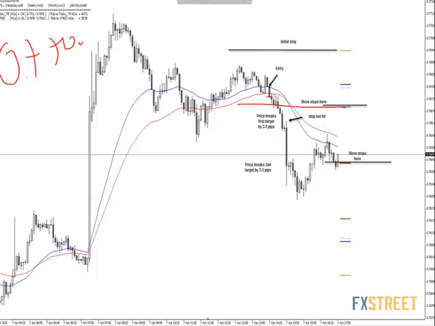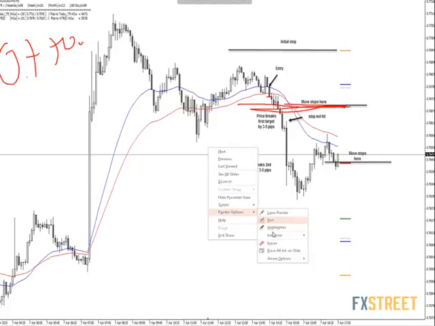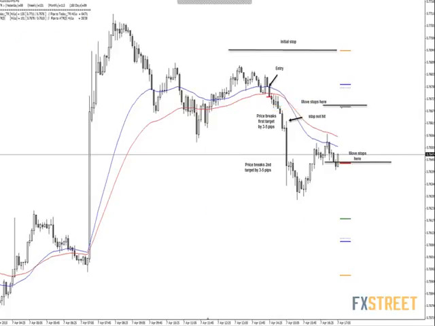And let's say that you had your entry here. So obviously your first target, because you're scalping, would be here, right? At this particular level. Now you can see that the price has hit this level, but you are not making any exits out of the market. You're still waiting. When price hit this level here, you just need to move your stop loss to entry.